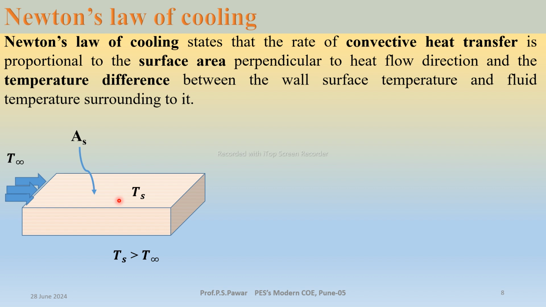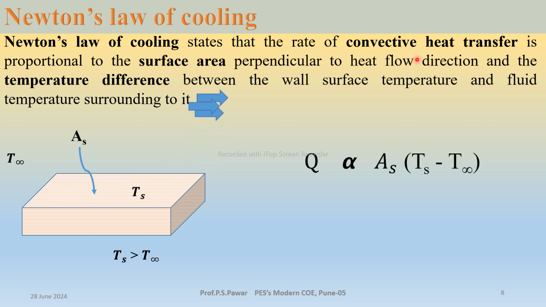So this hot plate with time will become cool because this air at T infinity will take away the heat from this plane wall and the temperature will be equal to the surrounding temperature. When Ts is equal to T infinity, there will not be heat transfer by convection here. So conduction with fluid motion is nothing but convection.